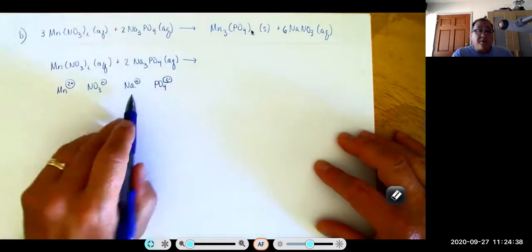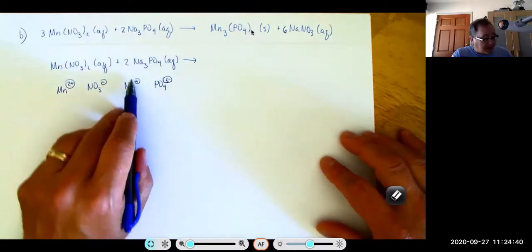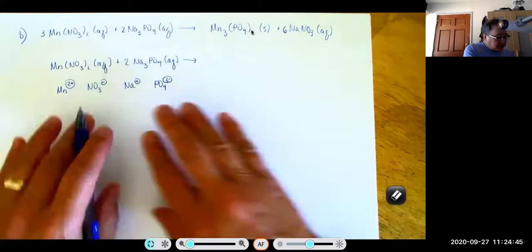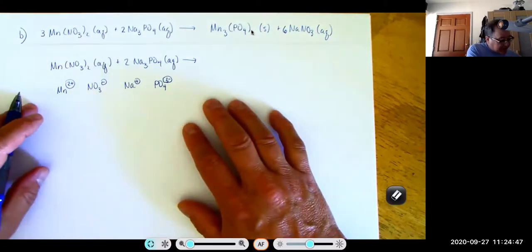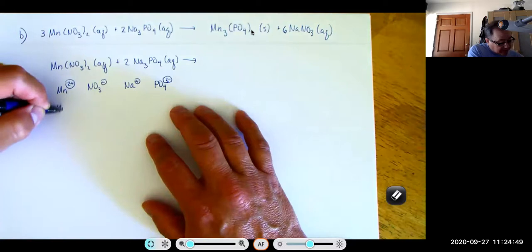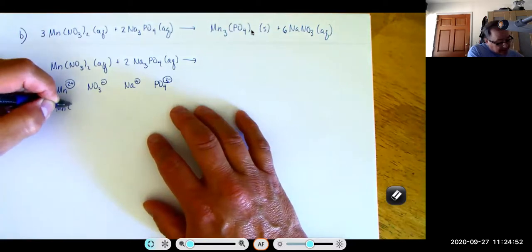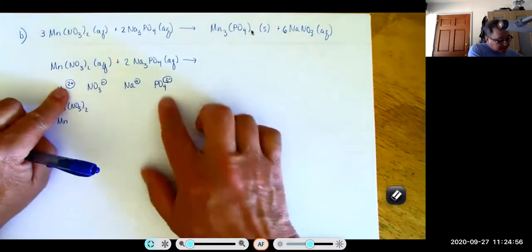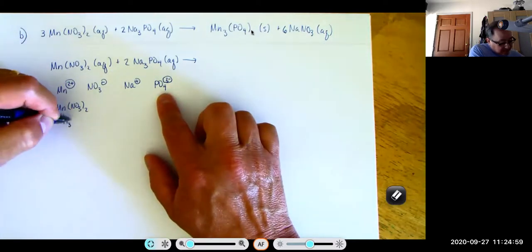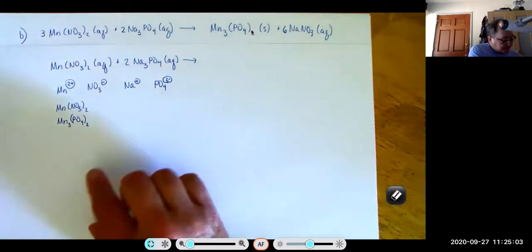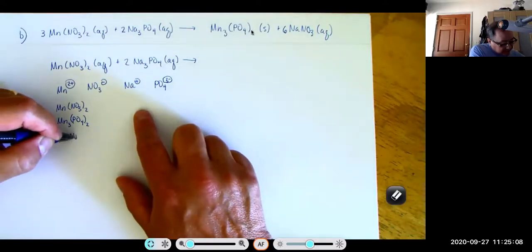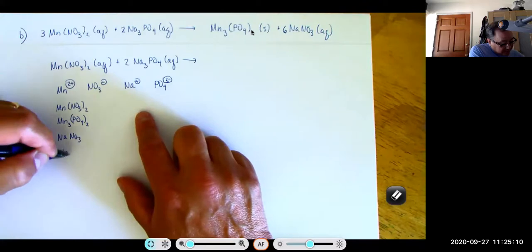You know sodiums are a +1 because of where they are on the periodic table, and you should have memorized that the phosphate is a -3. So here are all the possible ions, and the possible formulas are Mn(NO3)2, Mn3(PO4)2. Remember to switch and simplify. NaNO3, and Na3PO4.